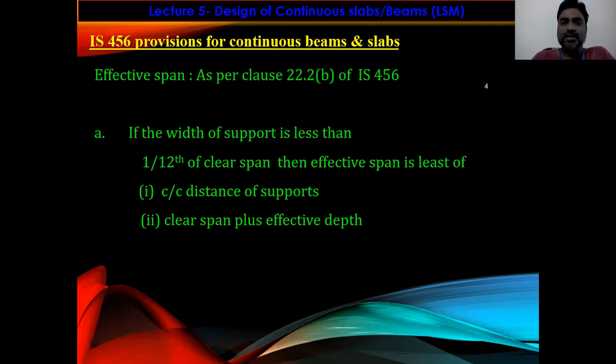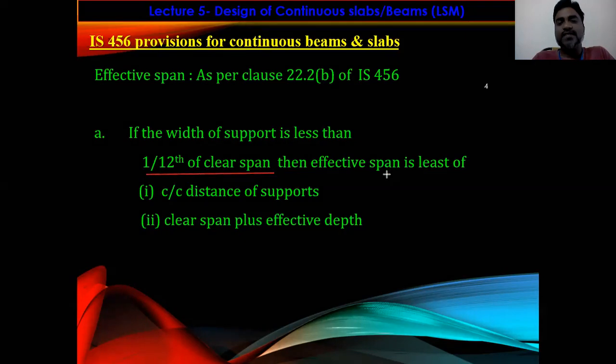For effective span, as per IS 456-2000 clause 22.2, if the width of the support is less than 1/12 of the clear span, then the effective span should be calculated as the lesser of these two: the center to center distance of the supports, or the clear span plus effective depth, whichever is lesser.